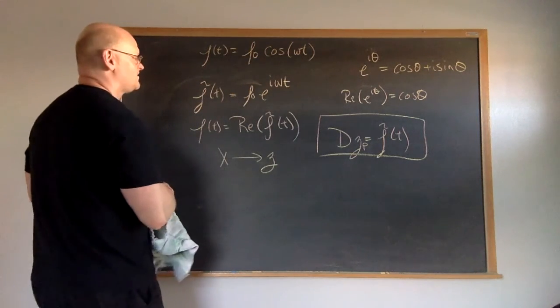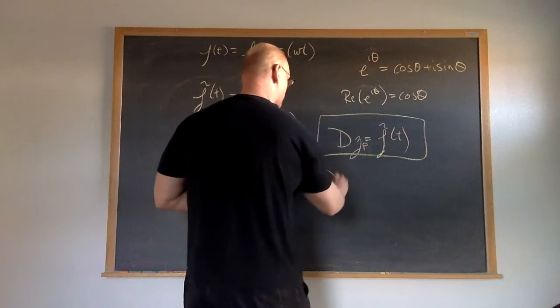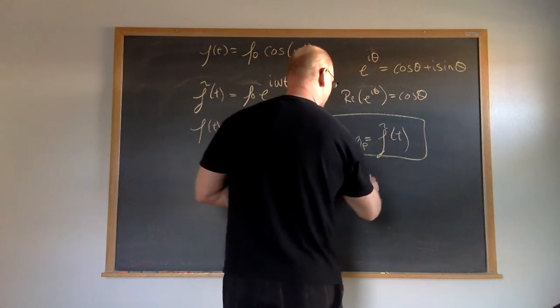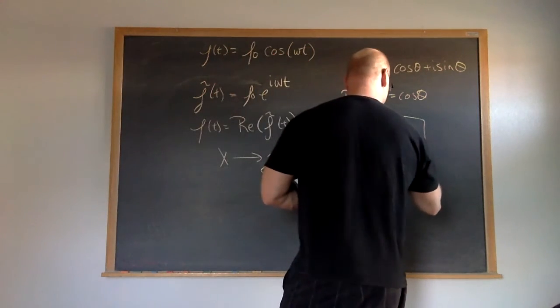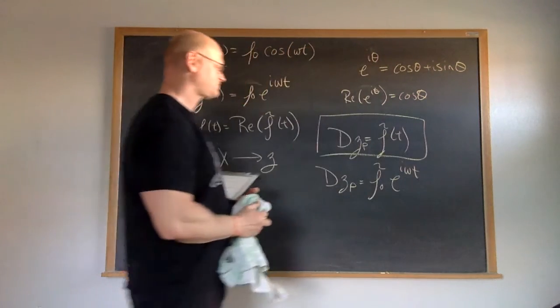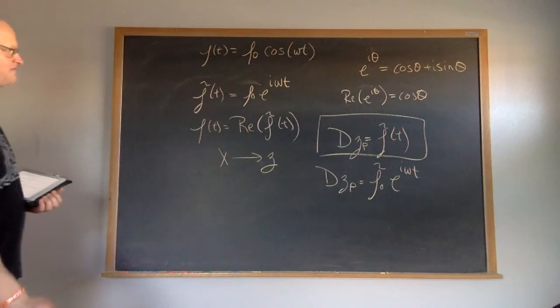Now, all this means is we want to take our differential operator acting on zp, which is equal to f0 times e to the i omega t, where D is defined as before.